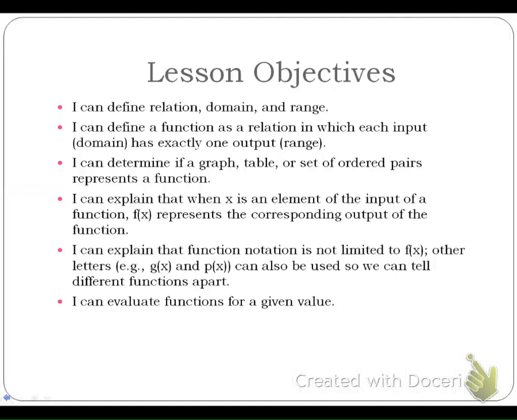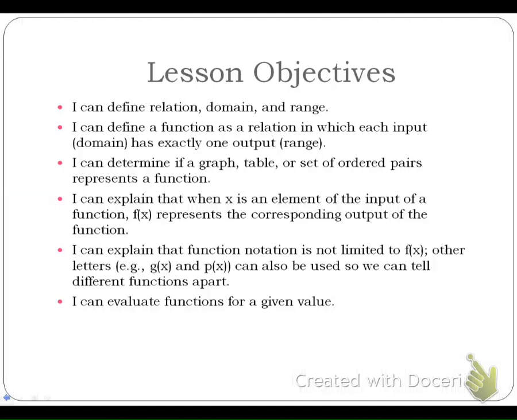So being able to identify, you're going to have all sorts of data that you see in life, but it's not a function unless the input has exactly one output. You also can determine if a graph, table, or set of ordered pairs in fact represents a function based on that definition.